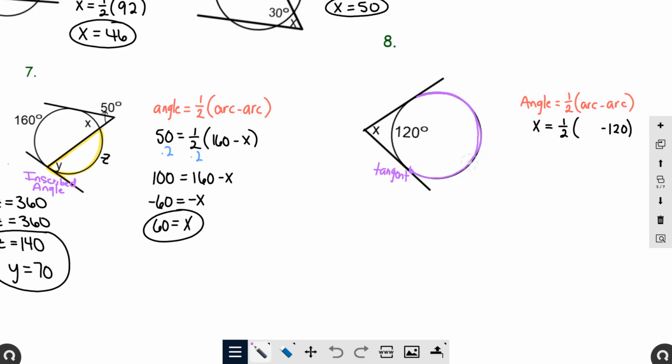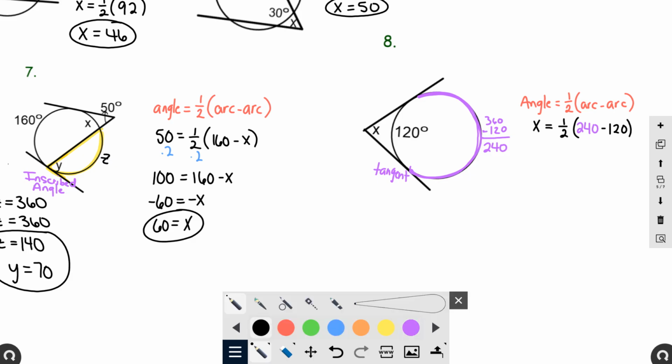So to find this missing part of our arc, we would do 360 minus 120, which would give us 240. So 240 is the arc that we're missing. So if you are missing an arc measurement, remember, do 360 minus the other arcs, and that will give us our missing arc.